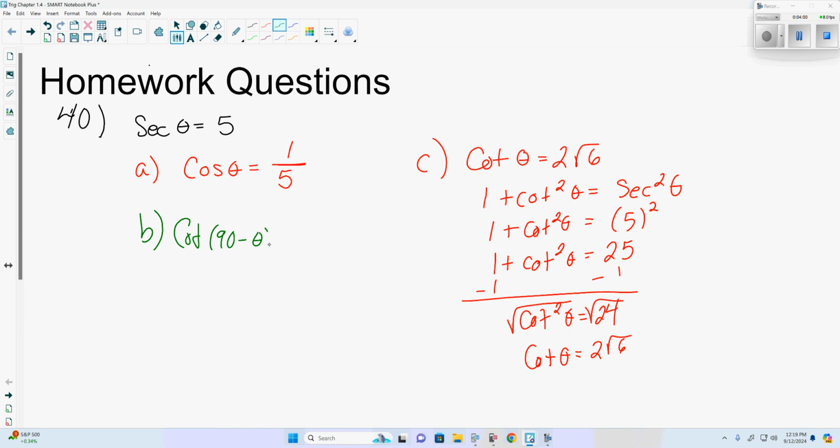Now, cotangent of 90 minus theta is one of our properties: cotangent of 90 minus theta is going to be equal to tangent of theta.